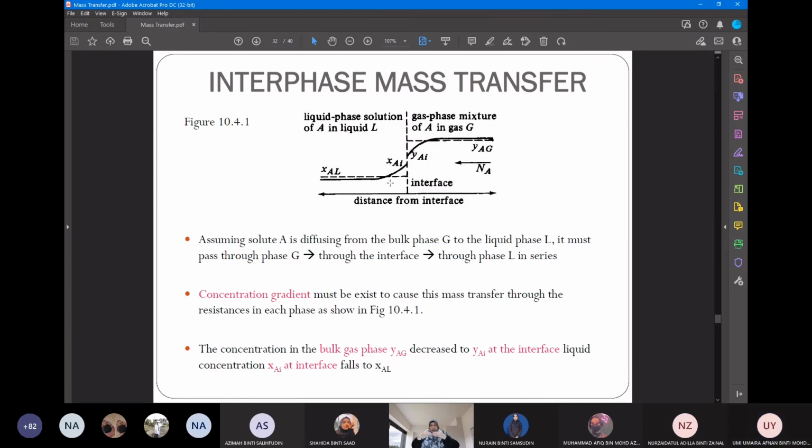The process only occurs at the thin layer between the gas and the liquid. The gas will transfer into the liquid, so the solutes that you have must be in the gas.